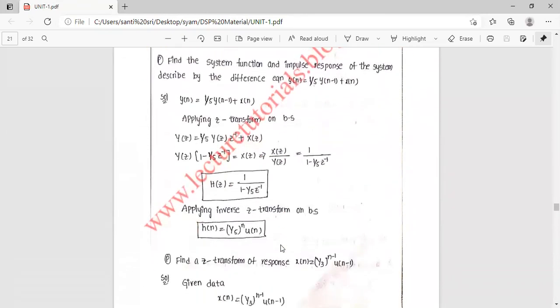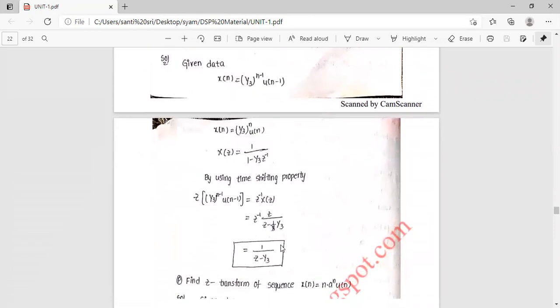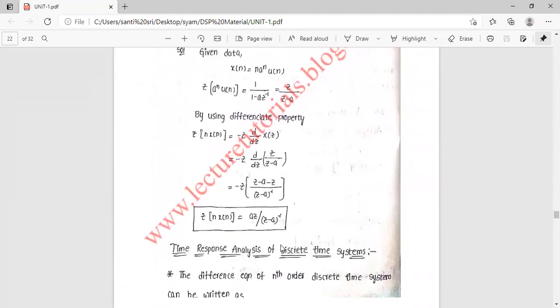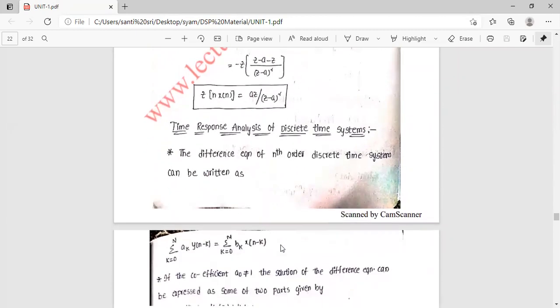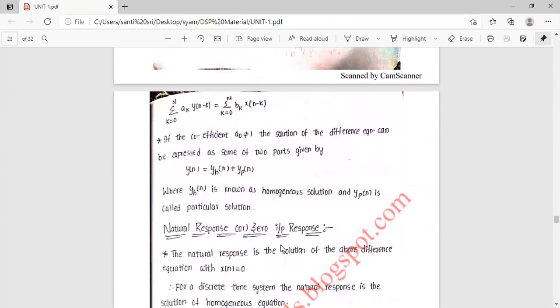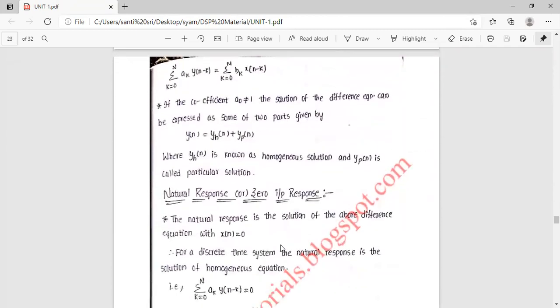We have already discussed the time response, and done some problems. Next, time response analysis of discrete time systems. Here we are considering a naught not equal to 1. We write the difference equation in terms of y h of n and y p of n, where y h of n is the homogeneous solution and y p of n is the particular solution.